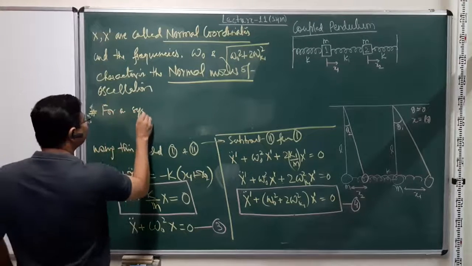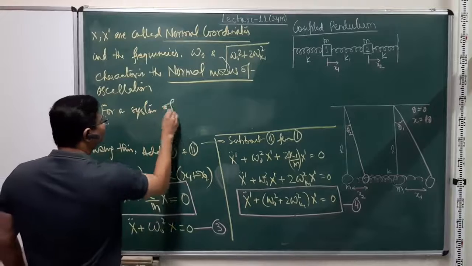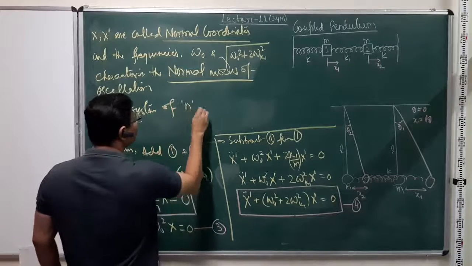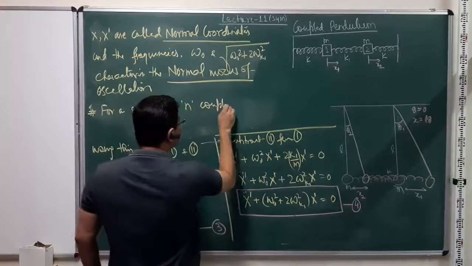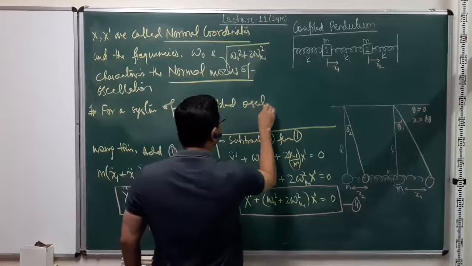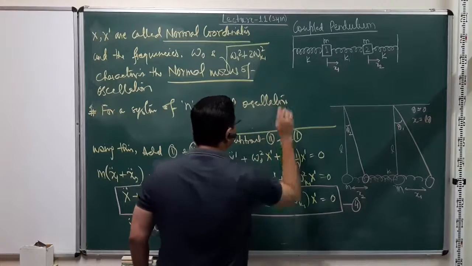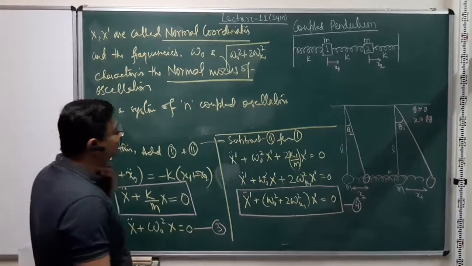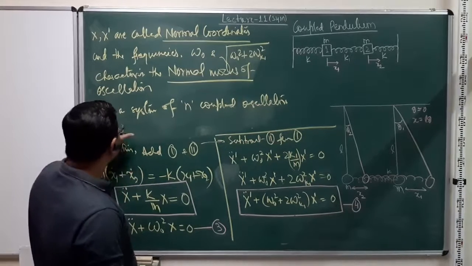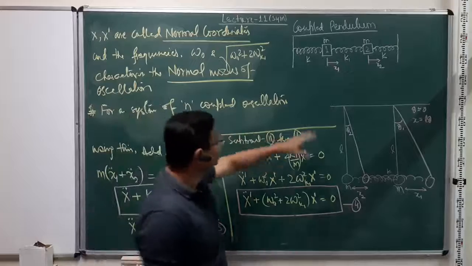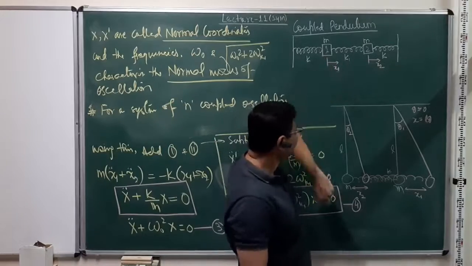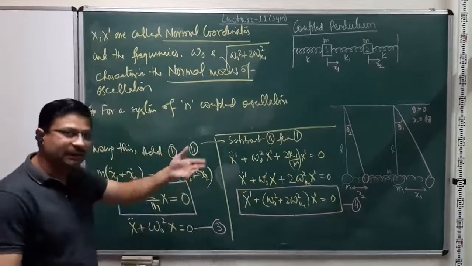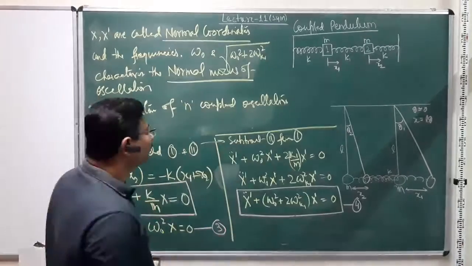For a system of n coupled oscillators, and we will not worry about the proof of it here, it's important for the time being to remember this. For example, here we have two oscillators which are coupled. We could have a system where we have three masses connected to springs and coupling between those.